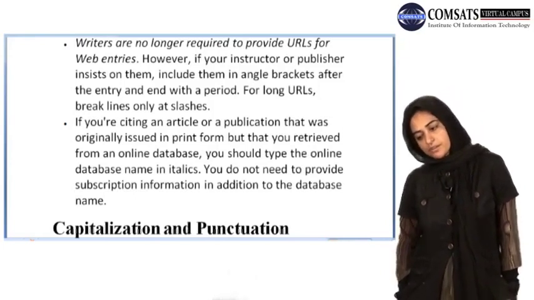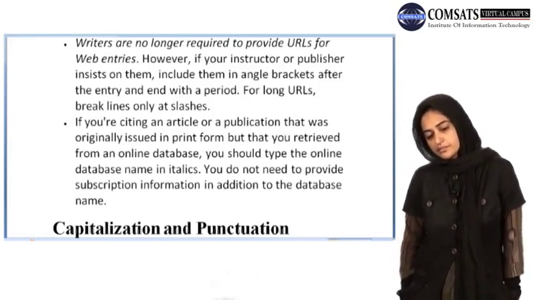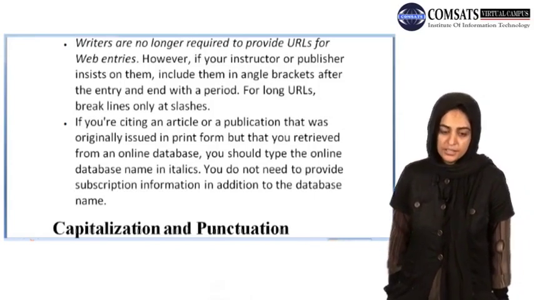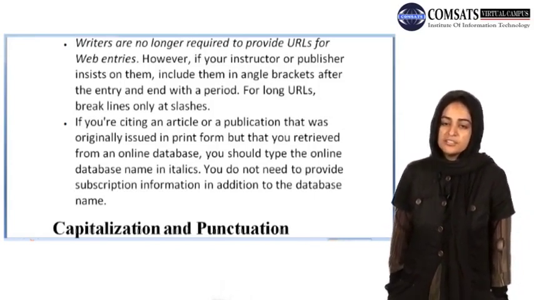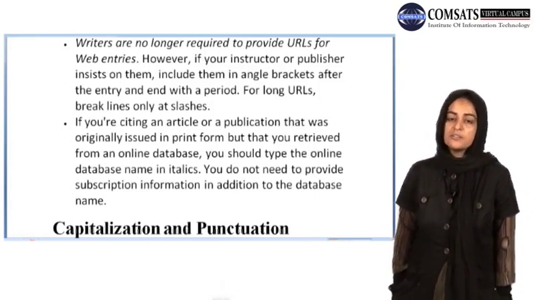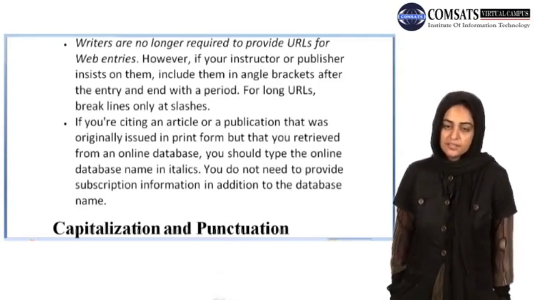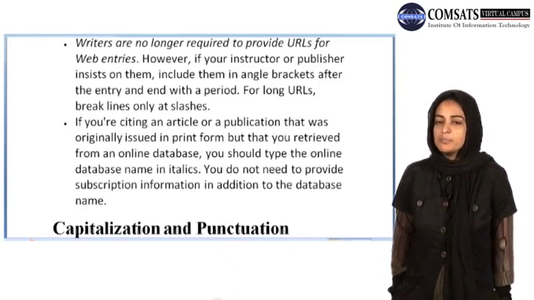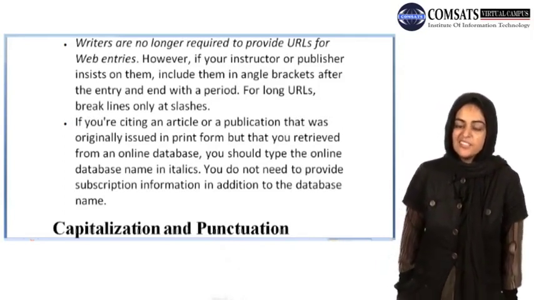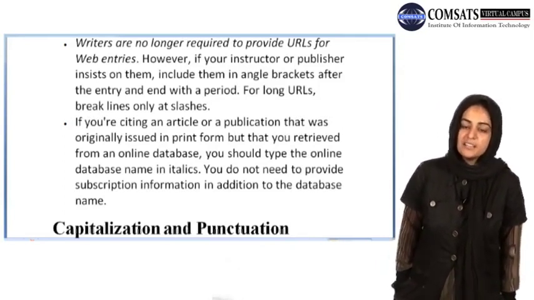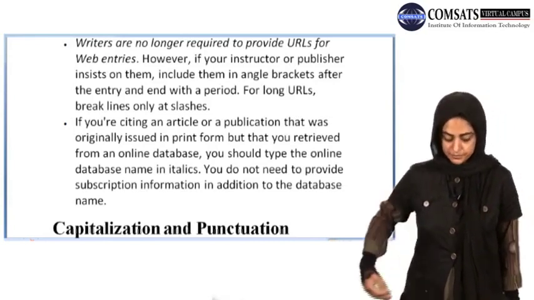Then what to do? Should you be referring to the first form, the print form, or the electronic database? Yes, you should be giving the electronic database over there and in italics, that from that particular electronic database, this particular article was retrieved.